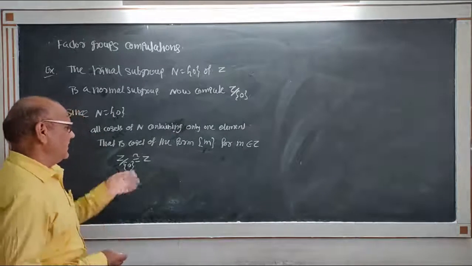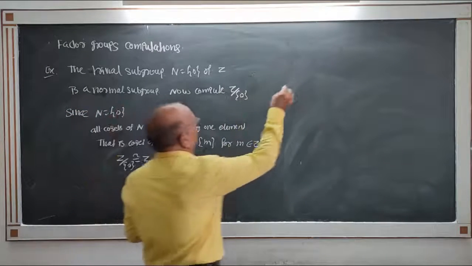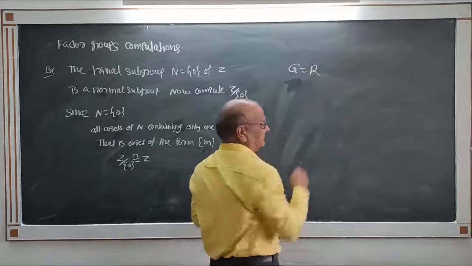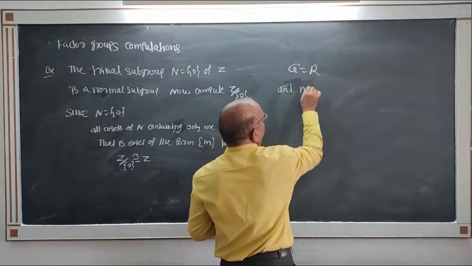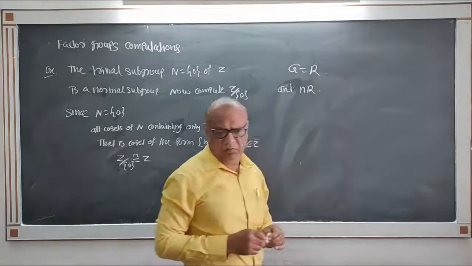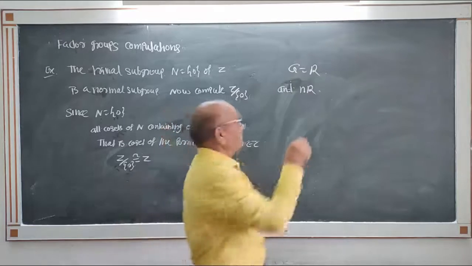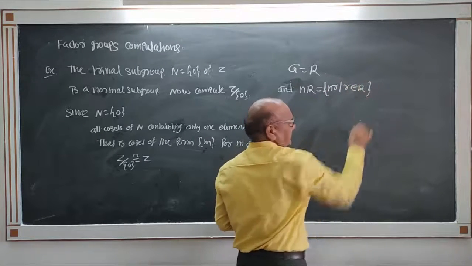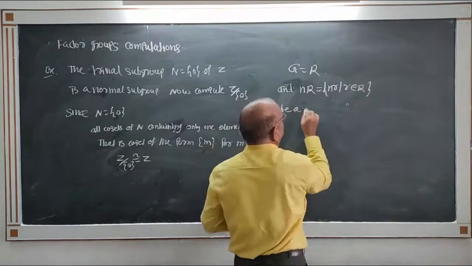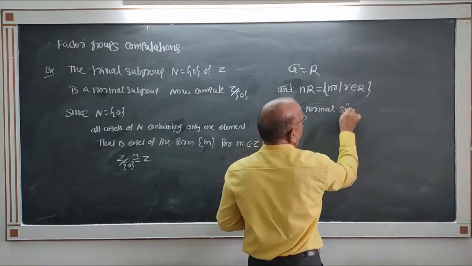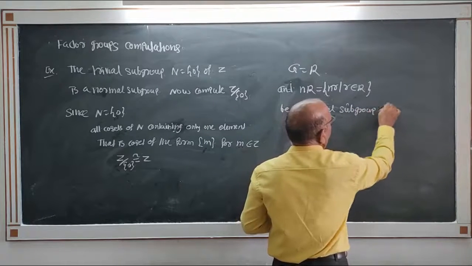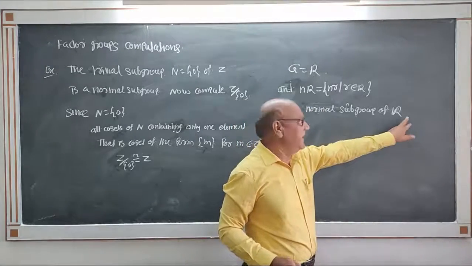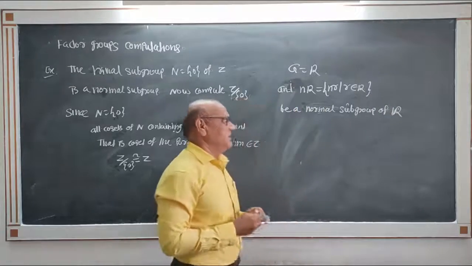Okay. Now, if G is equal to R, and nR be a normal subgroup of R. Since R is abelian, each subgroup is normal.